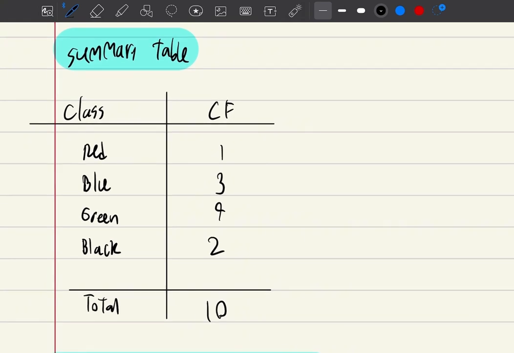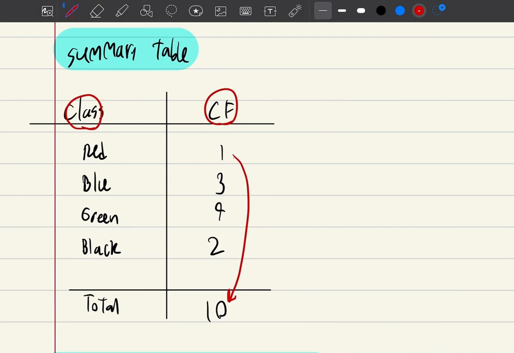Okay. The summary table is just to list the categories and the number of elements in the categories to make it easier to look at. For example here, if we want to find the class relative frequency of red, we just need to use 1 divided by 10.